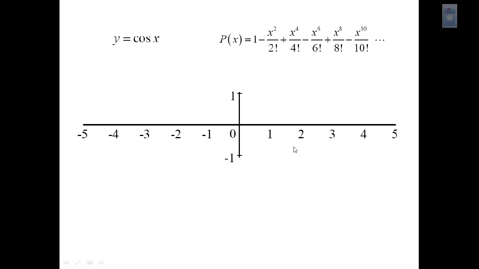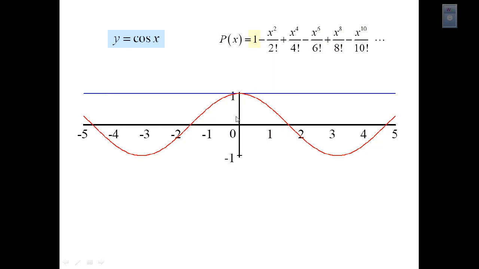All right, so here's our cosine graph. And if we plot this polynomial on this same coordinate plane, there is the first term and the first term only. So that would be a 0 degree approximation of cosine x.